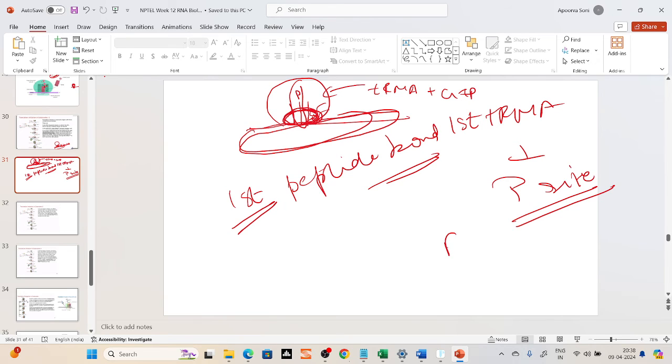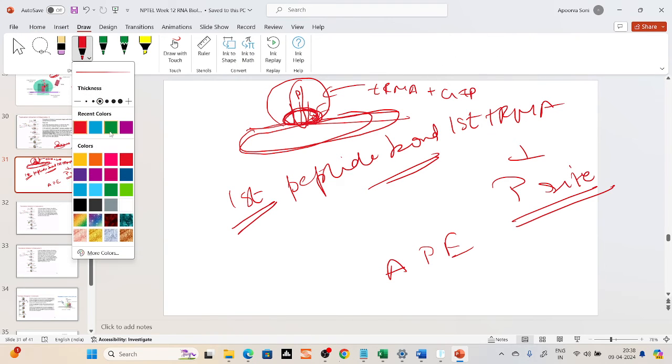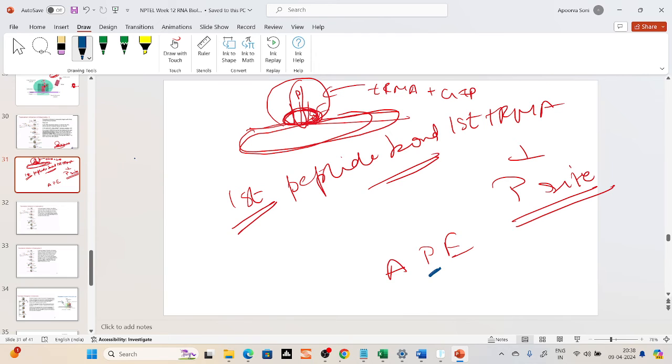So what happens is E, P, A. Quickly, I have to explain because I have to cover the questions also. So first tRNA comes to the P site and methionine is added. So now the tRNA does not have any amino acid. So this is the sequence.